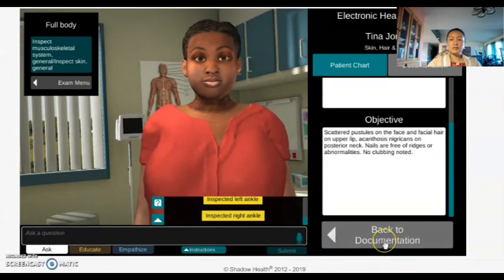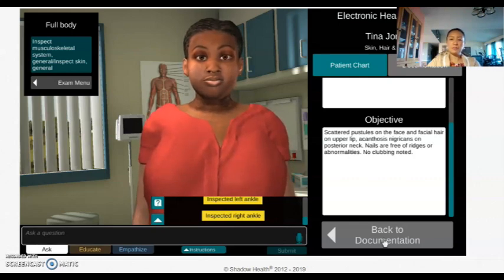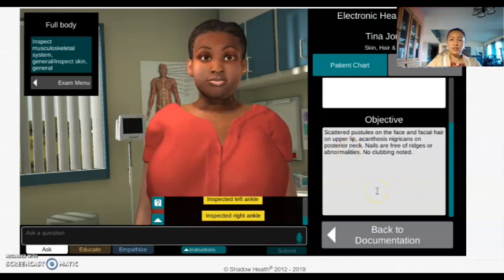Okay, so my assessment on the skin and nails: the scattered pustules on the face and facial hair on the upper lip, Acanthosis nigricans on the posterior neck. Nails are free of ridges or abnormalities. No clubbing noted.